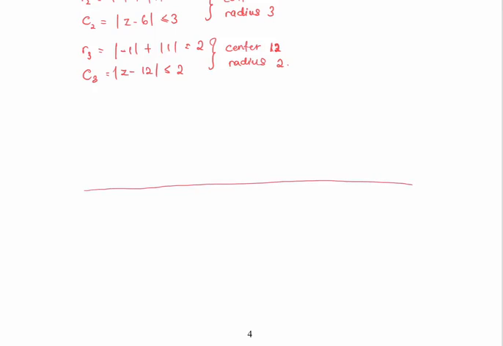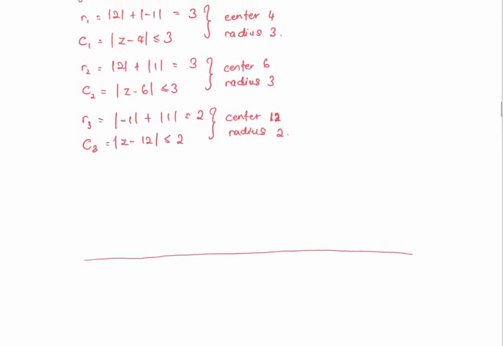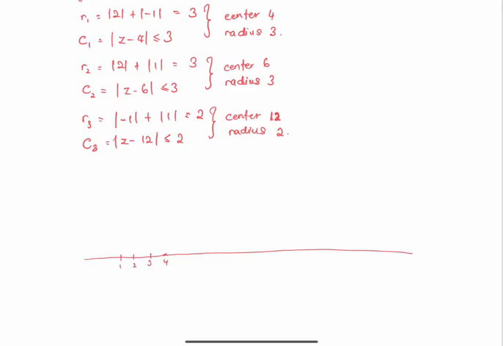What we can have for the first one is center at 4. Let's say here is our 4. And the radius is 3. So that on the right we have up to 7.